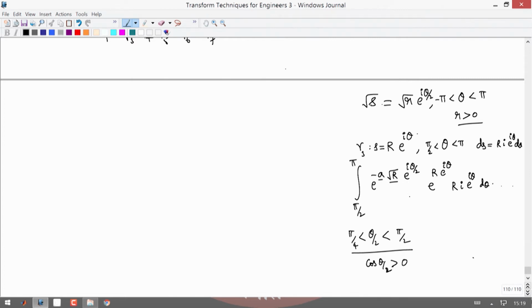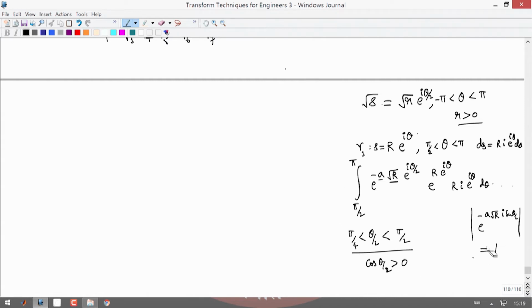What is left is e power I times something, e power minus a root r I sin theta by 2, and when you consider the modulus, this part is actually 1.